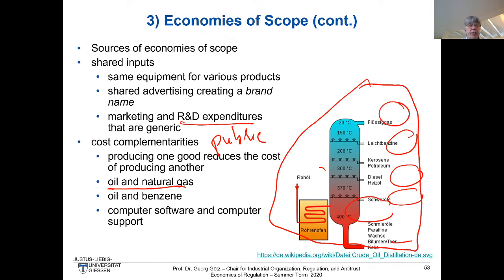The final thing which I want to mention here is computer software and computer support. Actually, I'm not so convinced about that, because that would mean that people who write the computer software are also good at providing support.